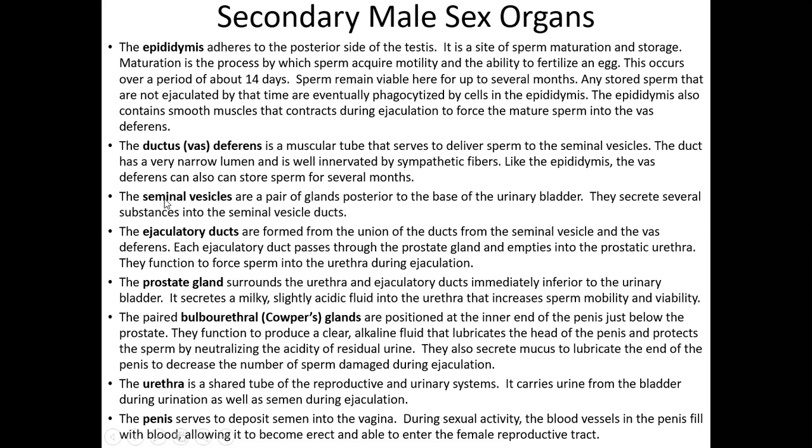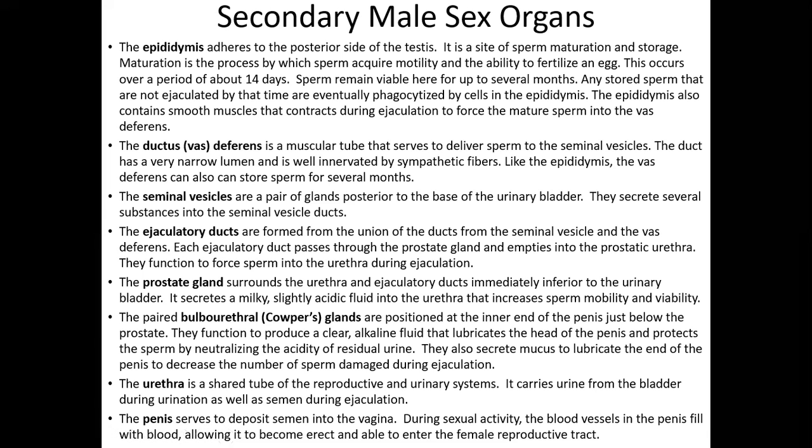A pair of glands that contribute to the secretion known as semen are the seminal vesicles. These are posterior to the base of the urinary bladder. We'll talk about what those substances that they secrete are. They secrete their substances into seminal vesicle ducts, and along with the ductus of the vas deferens, create what's called the ejaculatory ducts.